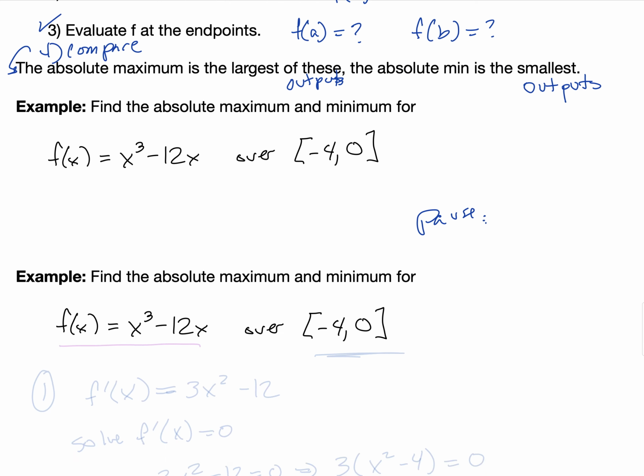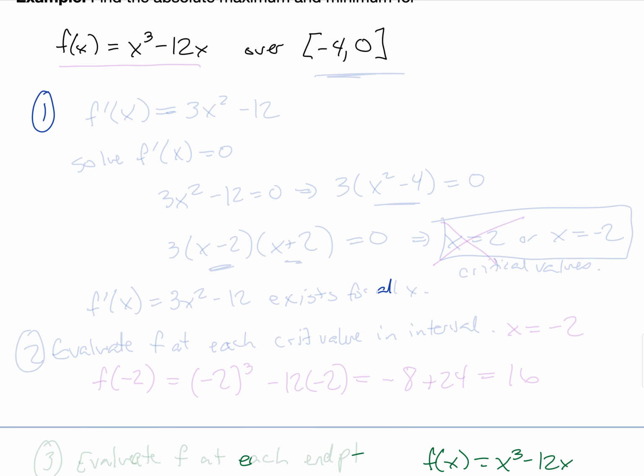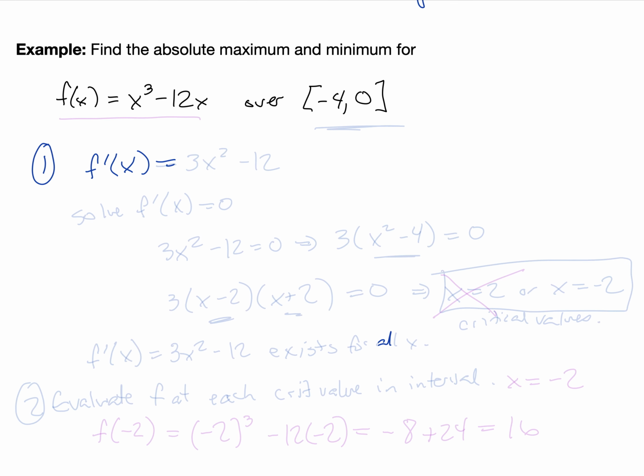Okay, so our first step is to take the derivative, f prime of x in this case. This is an easy one for us. 3x squared minus 12 is the derivative of that. Now we want to solve for f prime of x equals 0. So 3x squared minus 12 equals 0 means that we could factor 3 out. 3 times x squared minus 4 equals 0.